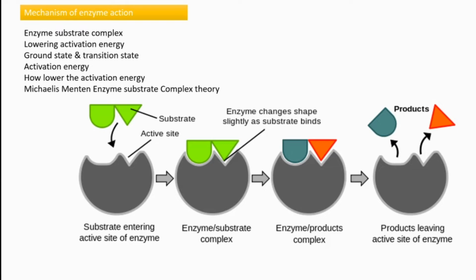For increasing the speed of that reaction, what does the enzyme need to do? The enzyme needs to lower the activation energy. For all reactions, there will be an activation energy. If any reaction has high activation energy, that reaction's rate will be very slow. Then comes an enzyme. That enzyme lowers that activation energy and speeds up that reaction.